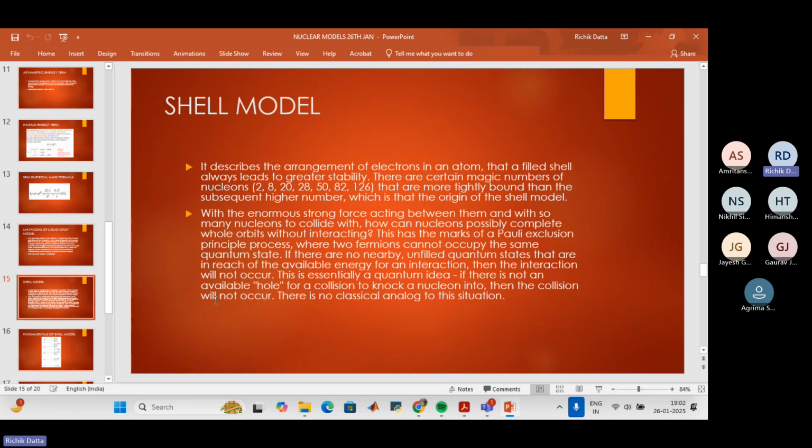How many maximum electrons can occupy the K shell? What is the maximum number of electrons that can occupy the L shell, M shell, and N shell? Do you know?